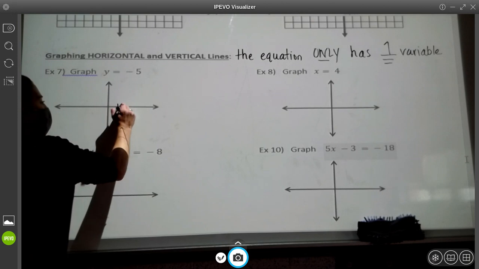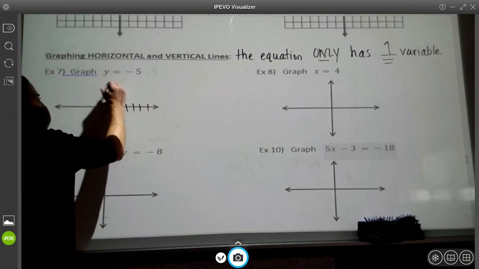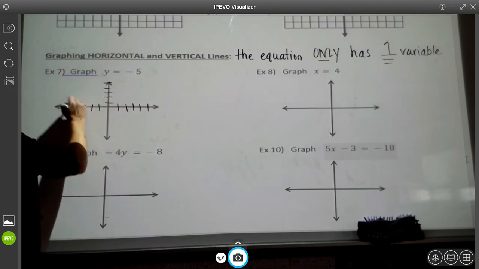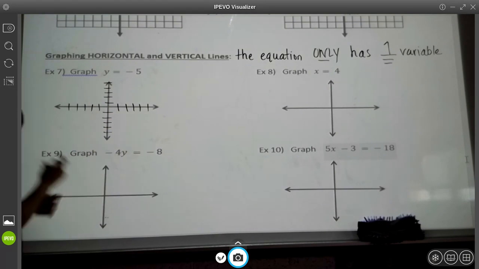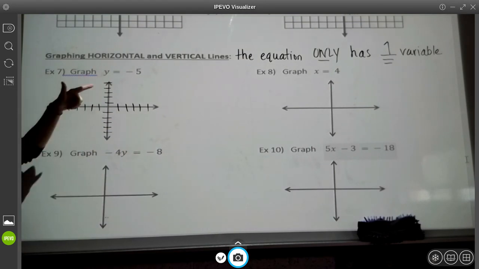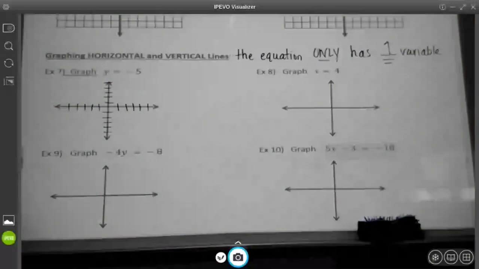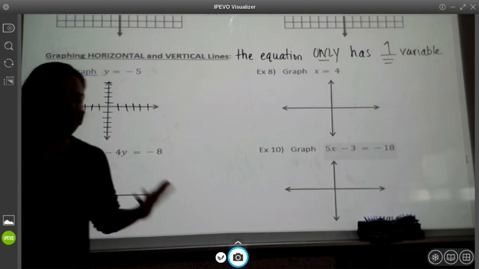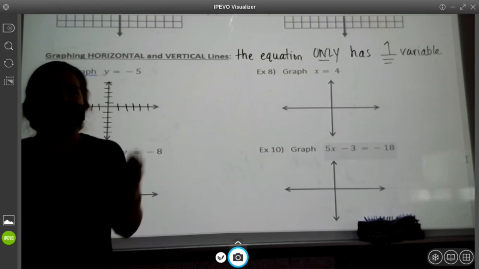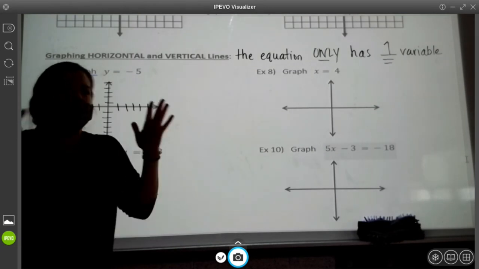We have to create a line where every y coordinate is negative 5. So first, figure out where a y coordinate is negative 5. All you can do is go up, down, right, or left. Where is y negative 5? Up 5, down 5, left 5, or right 5? It's down 5. So go down 5, put a dot. That is where a y coordinate is negative 5.